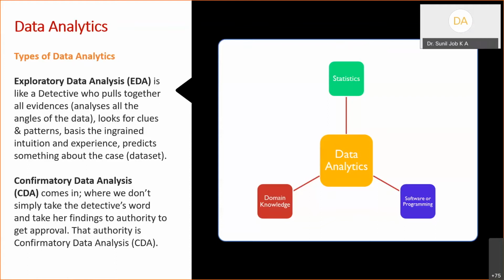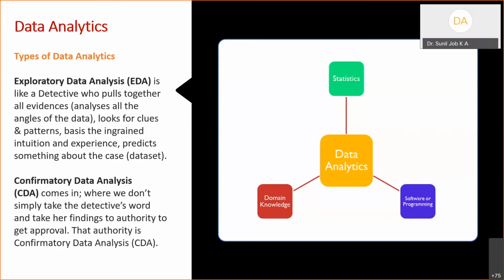Exploratory data analysis gives you data profiling, giving you details about the data set, and confirmatory analysis infers about the validity of your analysis. So the first phase is to explore, and the second phase is to confirm it, validate it, and finalize it as the final output of the analysis.